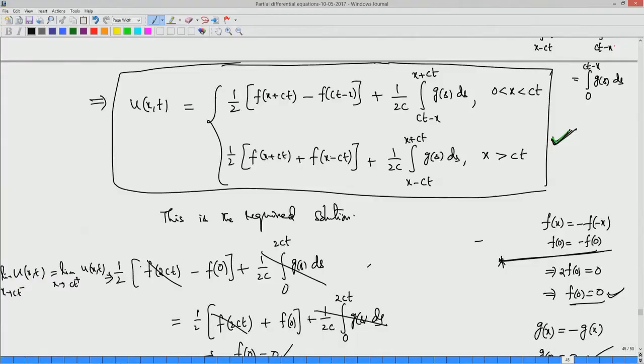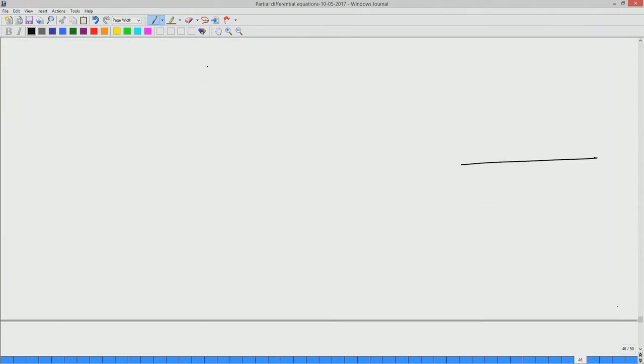The same way, now, we have seen from 0 to infinity, when the string is given, you attach it and now at the boundary you allow it to be free, that means u x at 0 t is equal to 0, that means dou u by dou x at 0 t is 0.